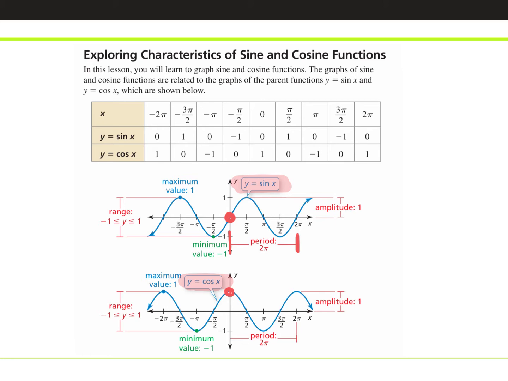The standard increments in our first period that we're going to be focusing on are 0 to 2 pi. So these numbers up here are the standard increments.